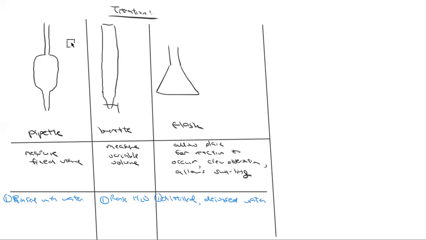Now, some teachers might say rinse it 3 times or anything like that. I don't think HSC really cares how many times you do it, and you might get away without saying distilled deionized, but it's better to put it in. So basically, rinse all of them with water. Now, in the case of the conical flask, that's it, you're done. No other steps.